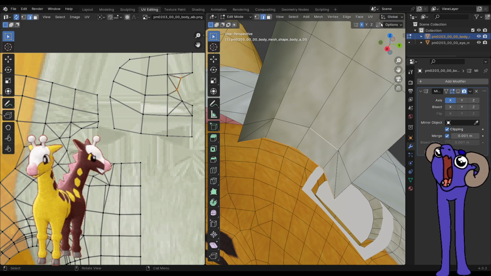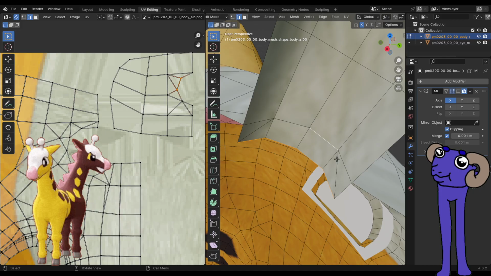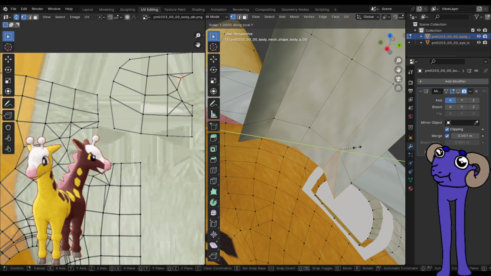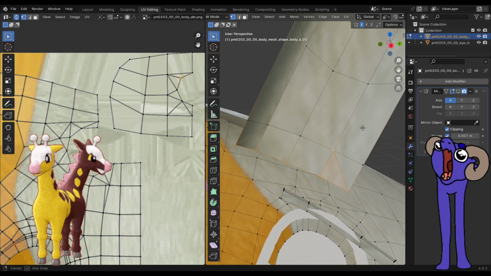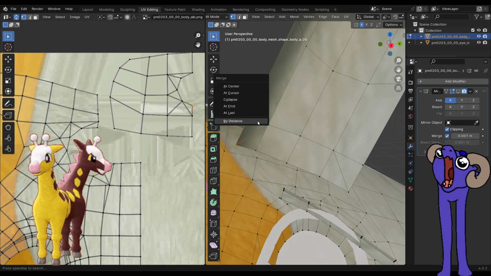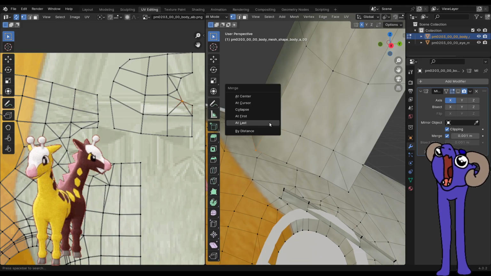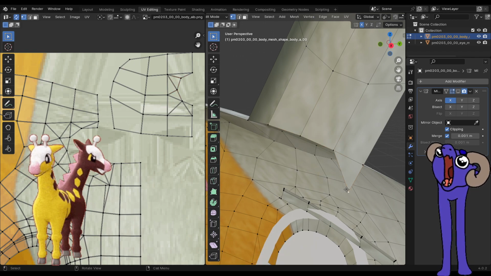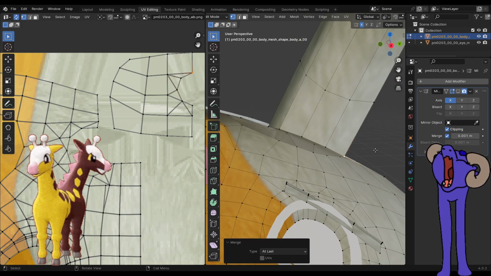Okay, so what if I go to global... Very interesting. You know what? We're just gonna do this. Merge at last. Make this so much easier. I don't know why I was trying to find some kind of workaround to not have to do this. This just makes it so much easier. There we go. It's done.